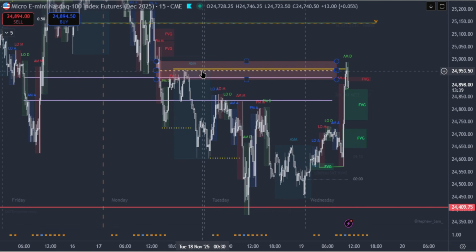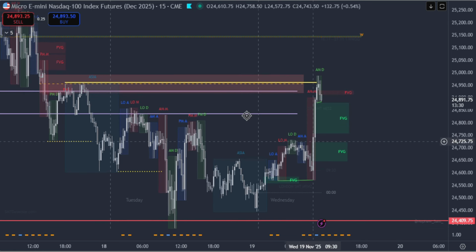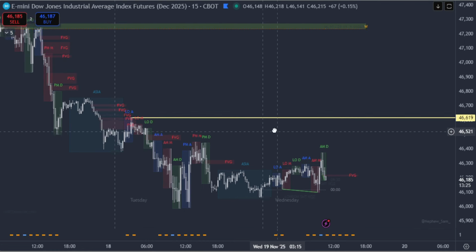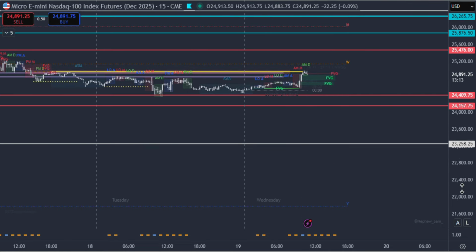The previous Asia cycle highs were purged by NQ right now, and the Dow Jones has not swept these. So I'm going to switch to the Dow Jones so you can just kind of look. These highs up here, all of these highs have not been purged by the Dow Jones, but they've been purged by NQ.